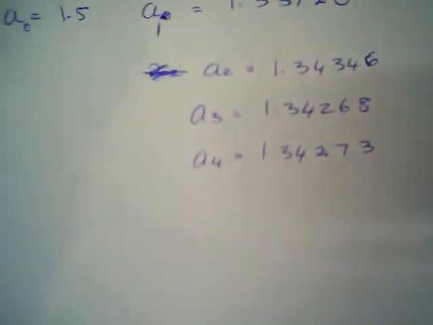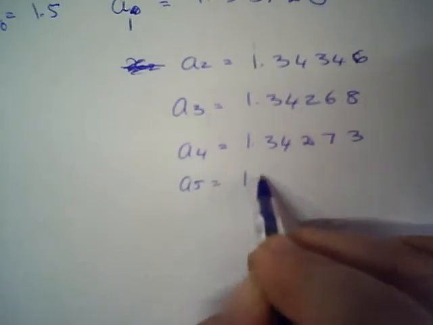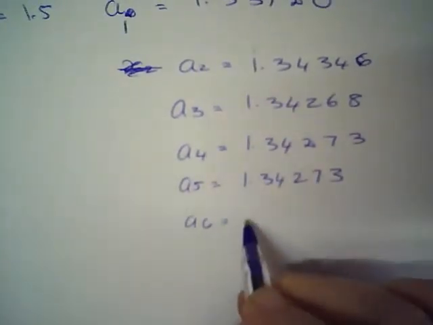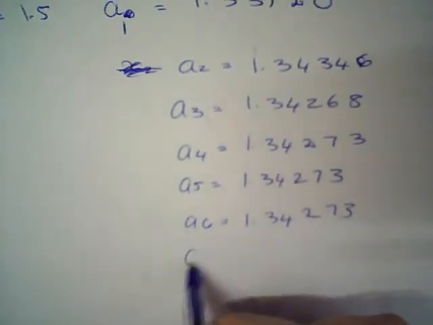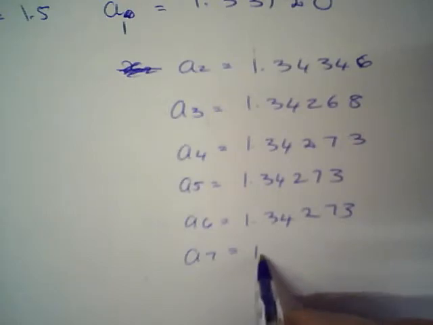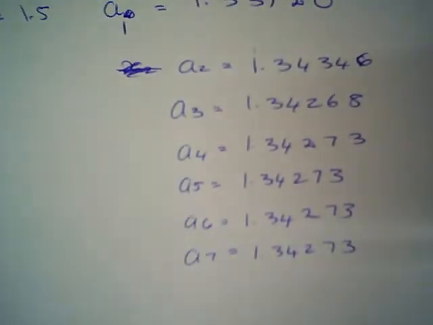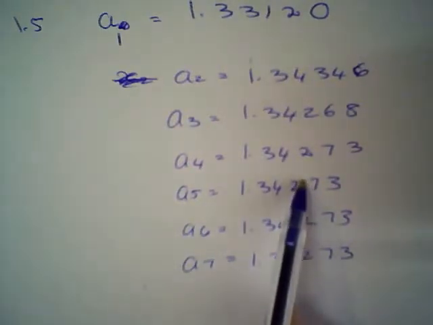So we can quickly do that. a5, 1.34273. a6, 1.34273. a7, we get somewhere here, 273, and I'm really excited because we are actually done with that one. We've got it. It doesn't change at all.